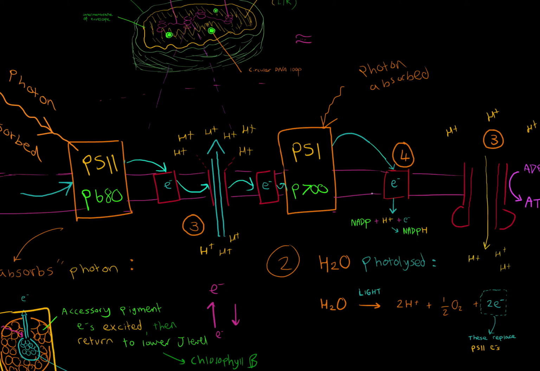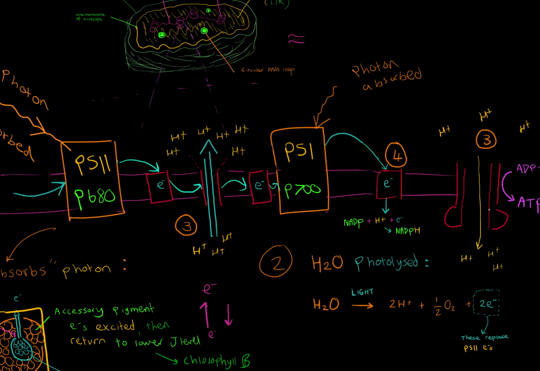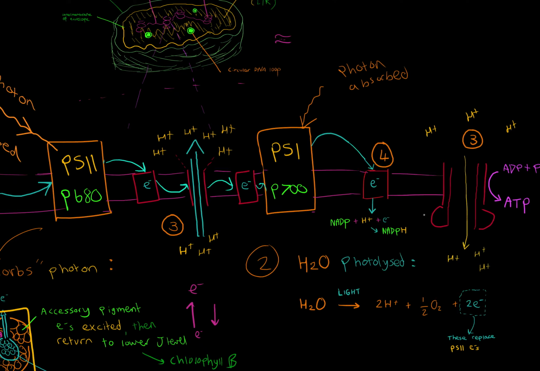The same thing happens, actively pumping hydrogen ions into the thylakoid space. But ultimately, the PS1 electron forms a molecule called NADPH, which is a coenzyme. And finally, the hydrogen ions diffuse down a molecule called ATP synthase. But we'll go into this in detail now.